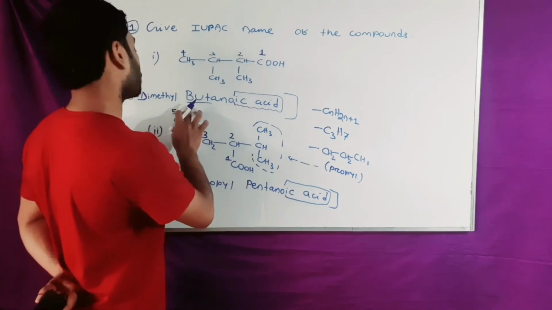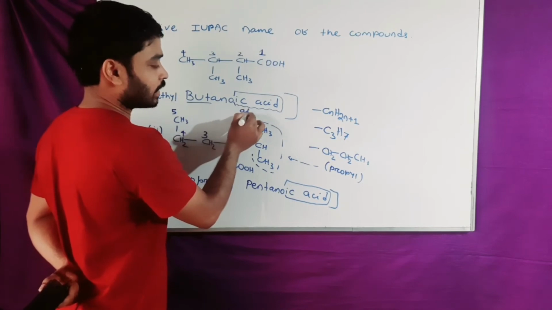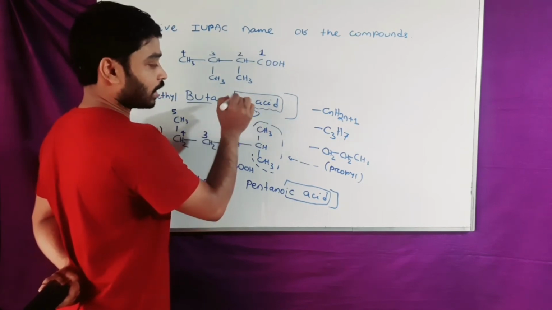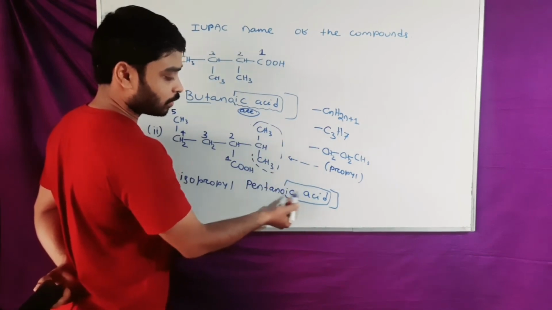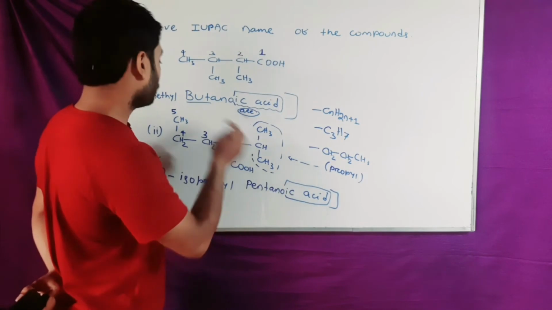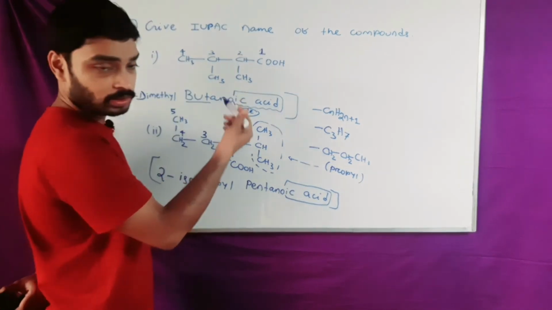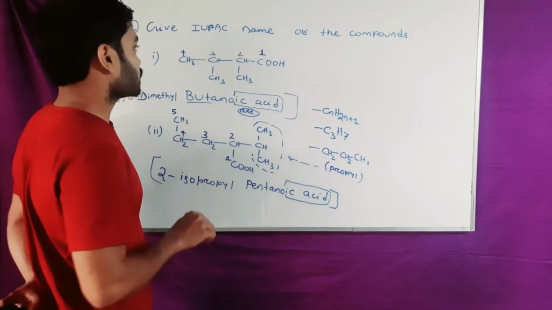So the name can be expressed as butanoate. ATE can replace the IC acid part. So the name can be 2-isopropyl pentanoate or 2,3-dimethyl butanoate. In this way, you can conclude the IUPAC names coming from the carboxylic acid section.